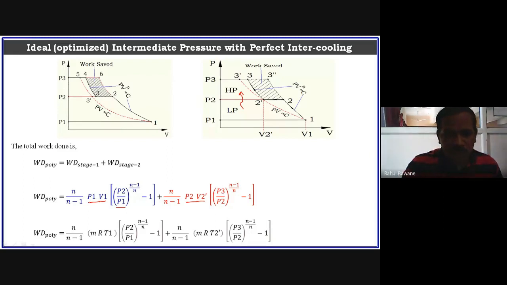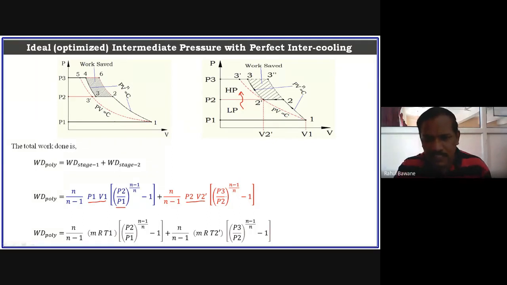Now suppose we don't have the P1 and V1 values, because most of the time we don't know the exact inside pressure and exact inside volume. So we prefer mRT. We can write P1 V1 as mRT1 and P2 V2 dash as mRT2 dash.